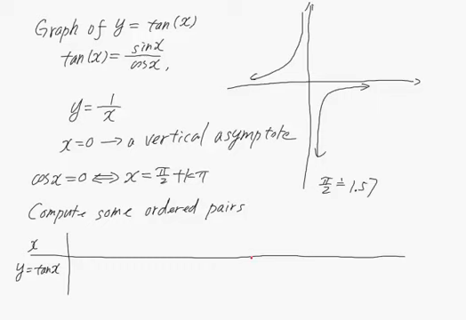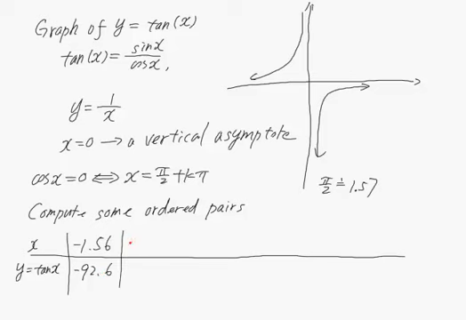So we may choose some values close to this 1.57. Let's take negative 1.56, and you may use the calculator to compute this tangent value. At this point, tangent x is approximately negative 92.6.